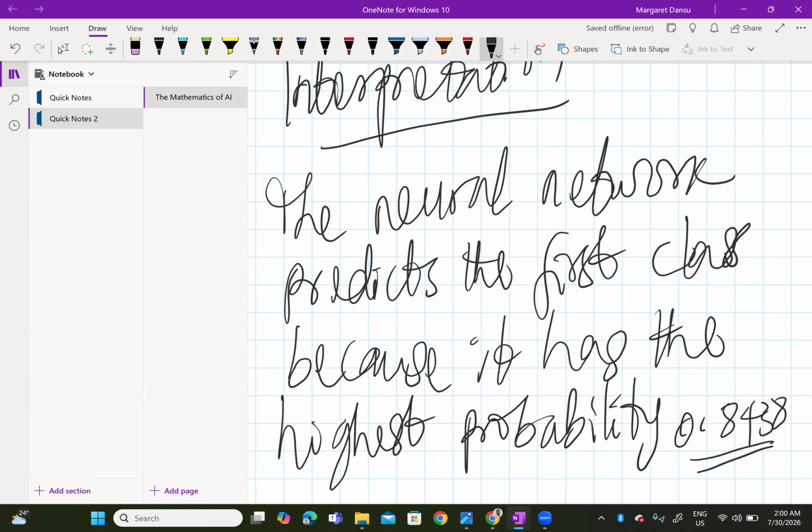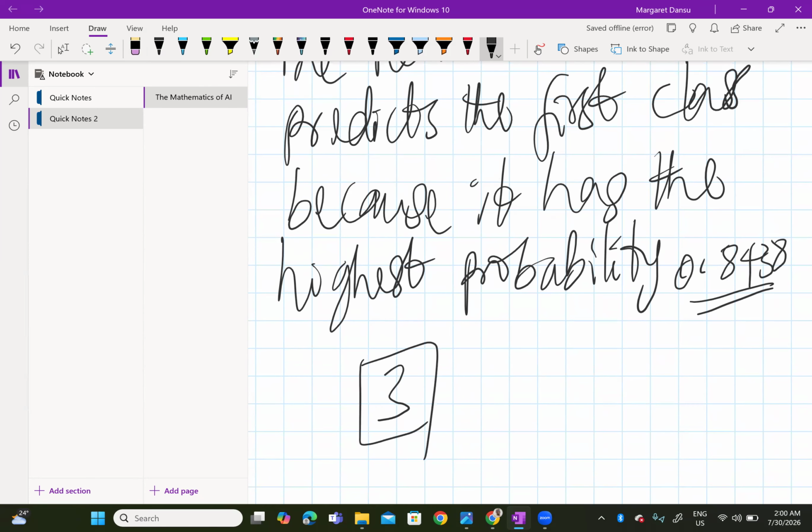So it means that the digit 3 will be predicted.